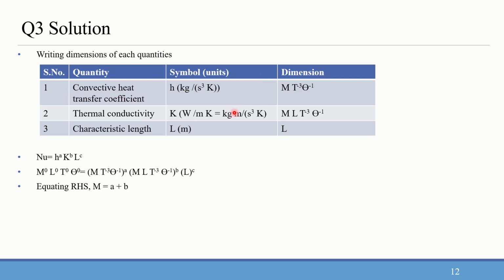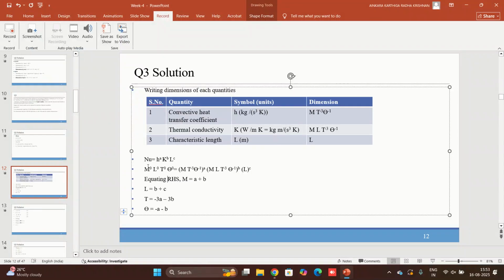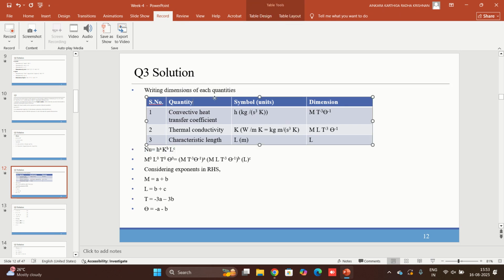Now equating RHS, for m we have m to the power of a plus b. We are just taking the powers, considering exponents in RHS. You can see that for m we got these particular values.